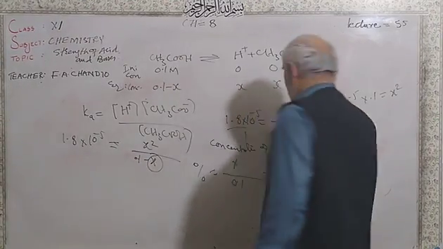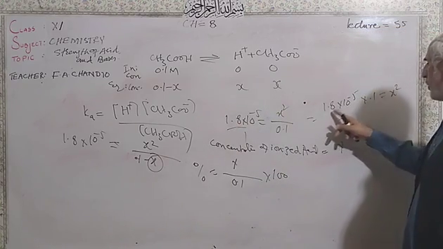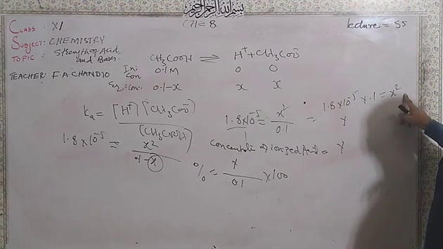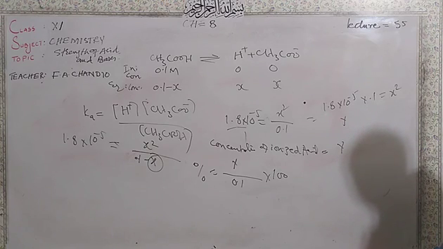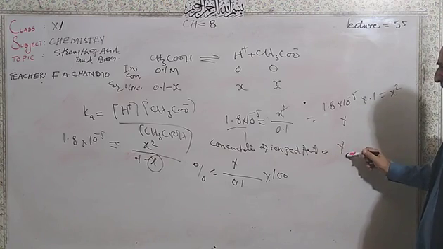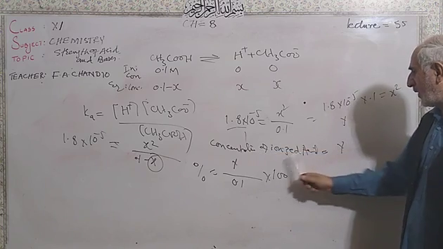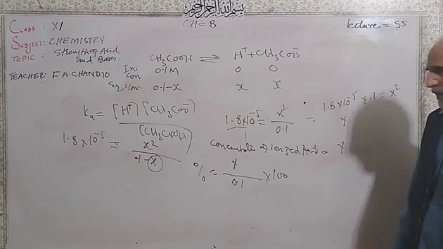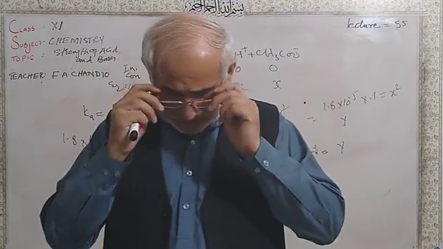Then x square divided by 0.1, cross multiply: 1.8 times 10 raised to power minus 5 multiplied by 0.1 gives x square. Take the square root and you will get the value of y, the concentration of ionized acid. Percentage is the concentration of ionized acid divided by the original concentration 0.1, multiplied by 100. So you will get the answer, that is 1.3.